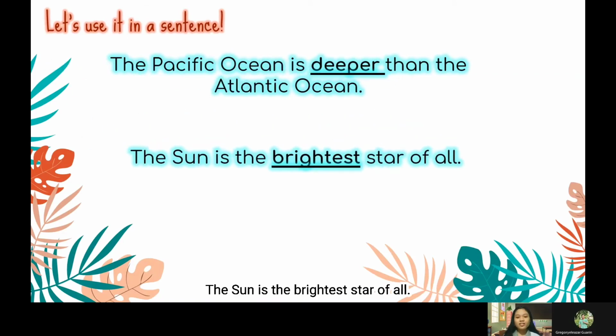Next, the sun is the brightest star of all. Here, the second sentence, brightest. Why? Because we are comparing the sun to all the stars. To the positive word bright, we add est and it becomes brightest. The sun is the brightest star of all.